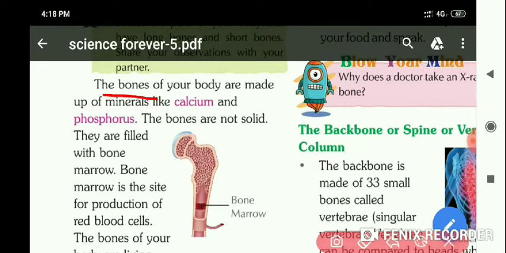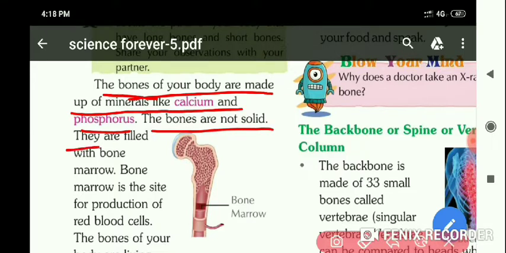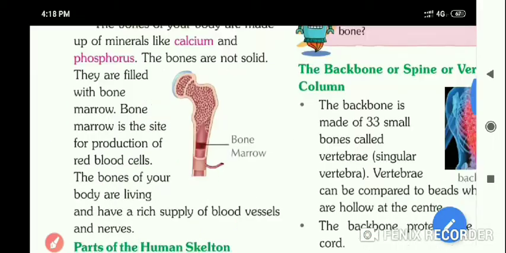The bones of our body are made up of minerals like calcium and phosphorus. The bones are not solid, they are filled with bone marrow. Up to bone marrow, you have to write down the definition for bones. Okay, so this is answer number G. Now move to next part.